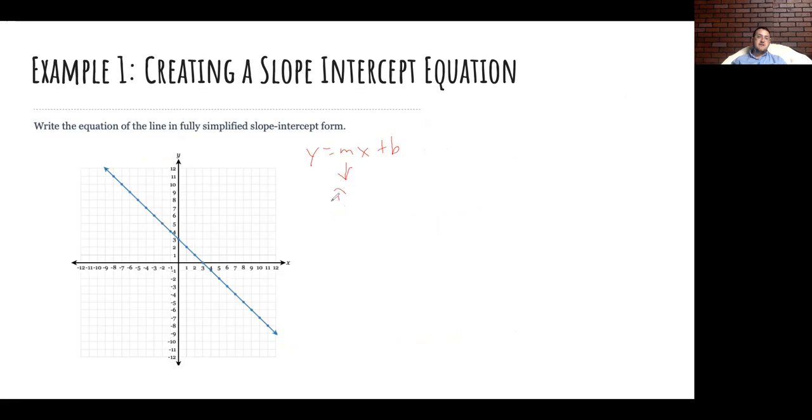So this m is find the slope. And this is your rise over run. So I'm going down 1 over 1. So your m is negative 1 over 1, which is negative 1.